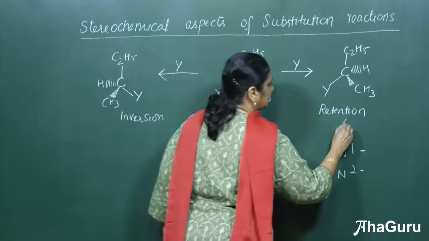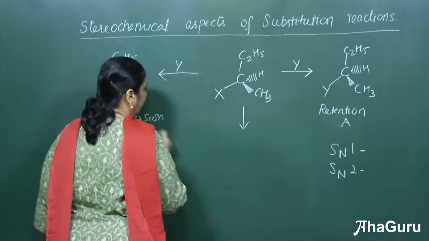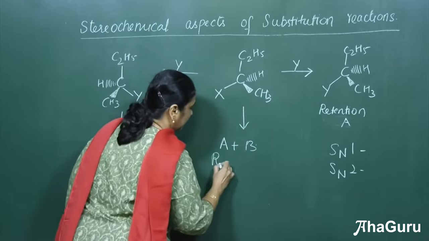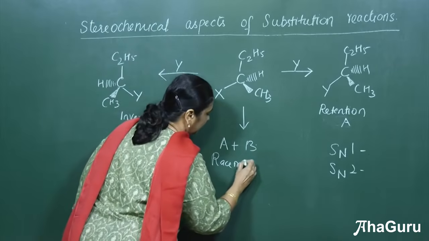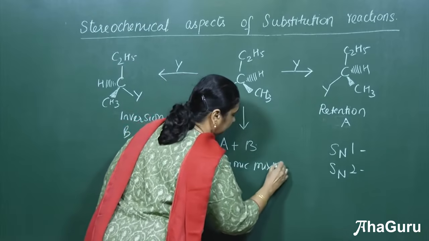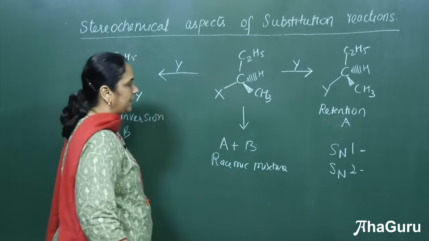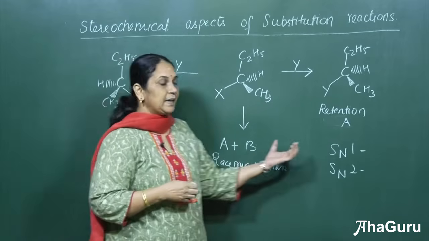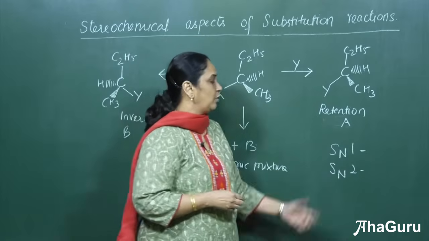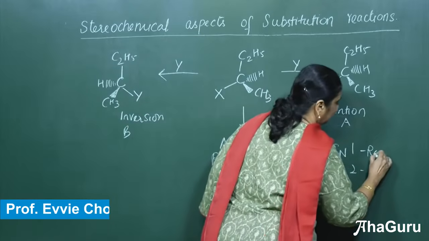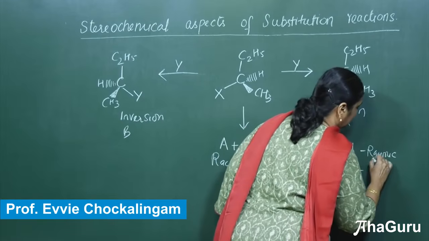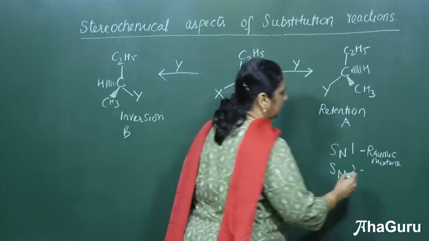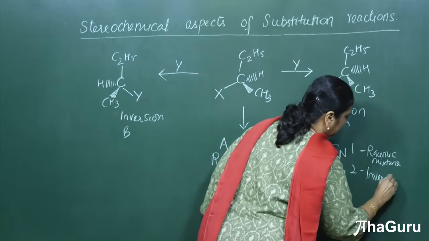Let us consider this is A and this is B. If we get A plus B in equal amounts, this is the racemic mixture, which we know will be optically inactive. So in the SN1 reaction, a racemic mixture was obtained, and in SN2 there was completely an inversion taking place.